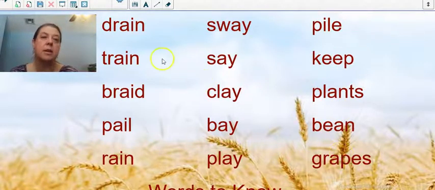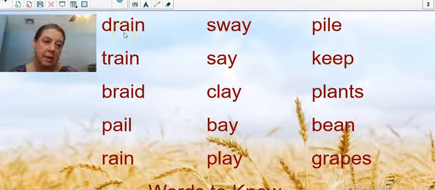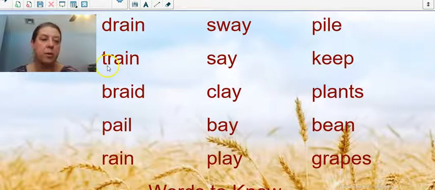Okay, so remember that AI in words, the A says A, the I says nothing. So if we were to finger stretch this, it would be D, A, N. And our word would be drain. Okay, let's talk about finger stretching one more.